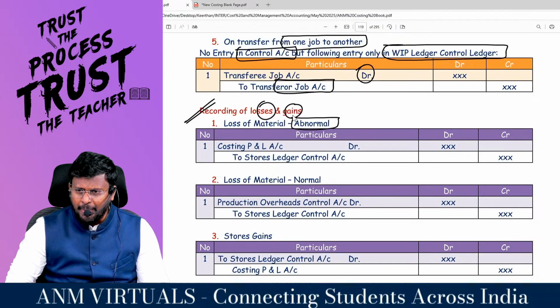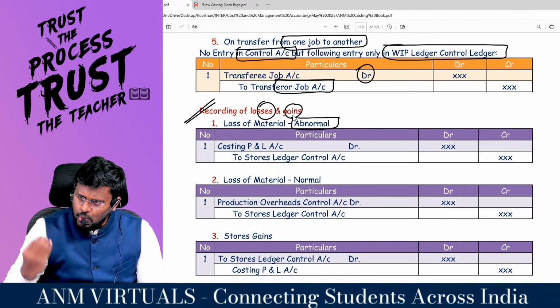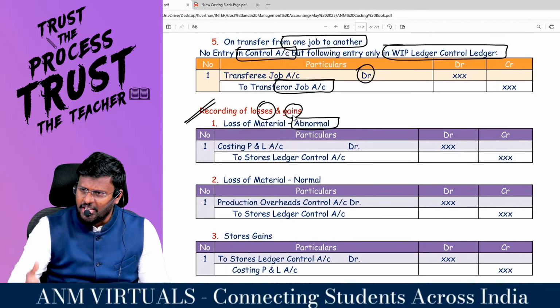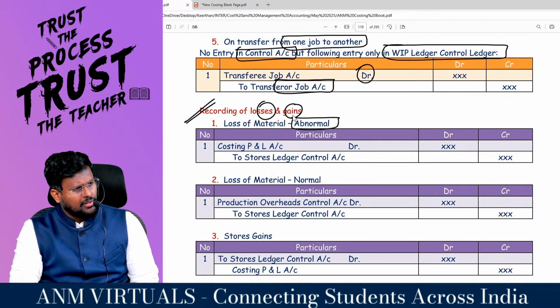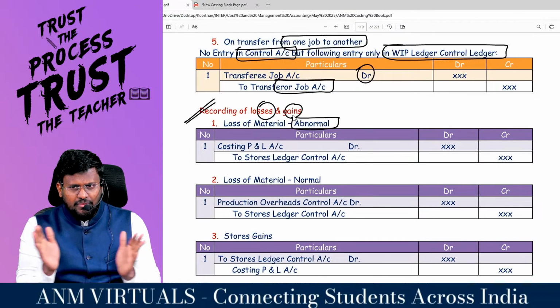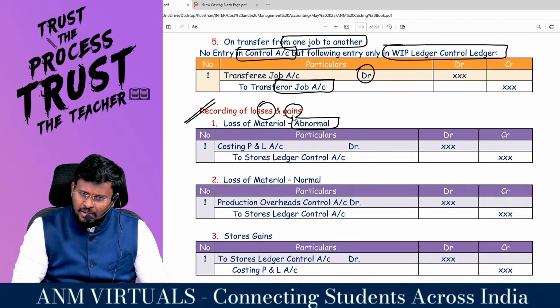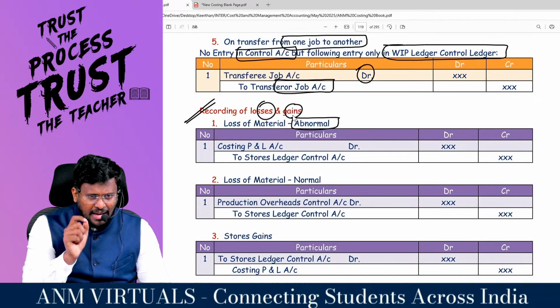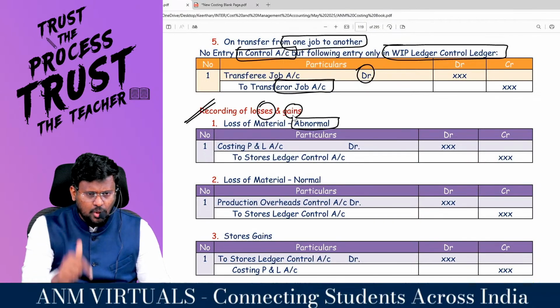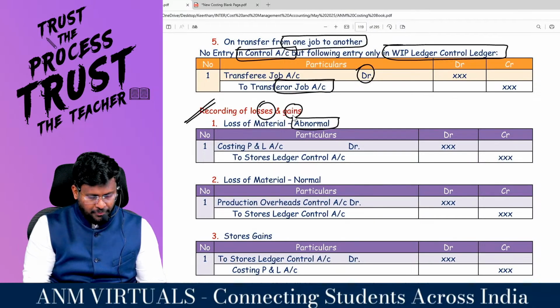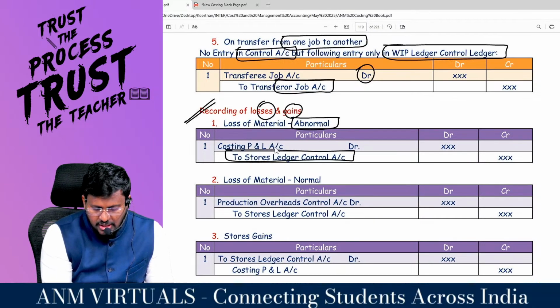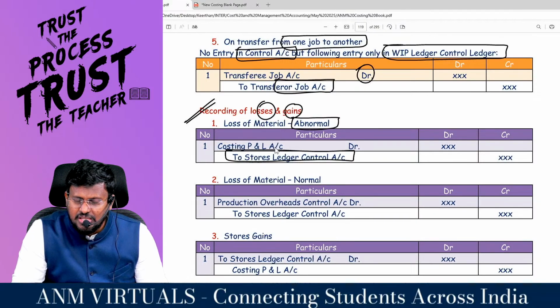Sometimes the material you have kept inside stores gets damaged, deteriorated, destroyed. Then you tell me whether the balance available in the stores ledger increases or decreases. So you have to credit the stores ledger, because the balance available in the stores ledger reduces.